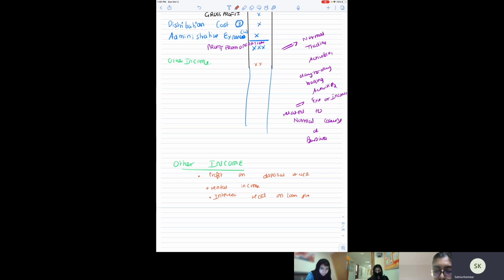We have a tendency that if an add comes, we add and write the figure. You're not even going to add it. You're just directly going to write other income, other expenses, and finance costs.